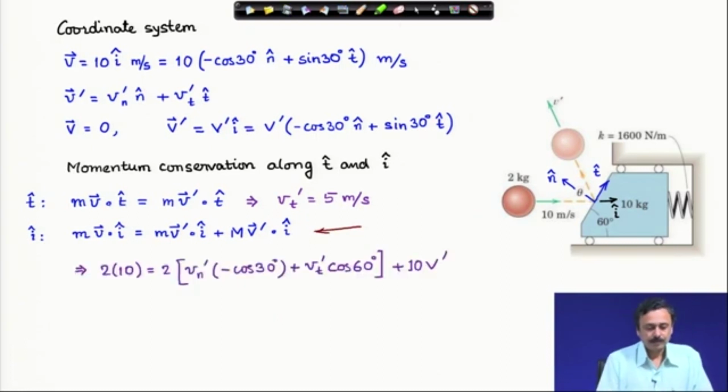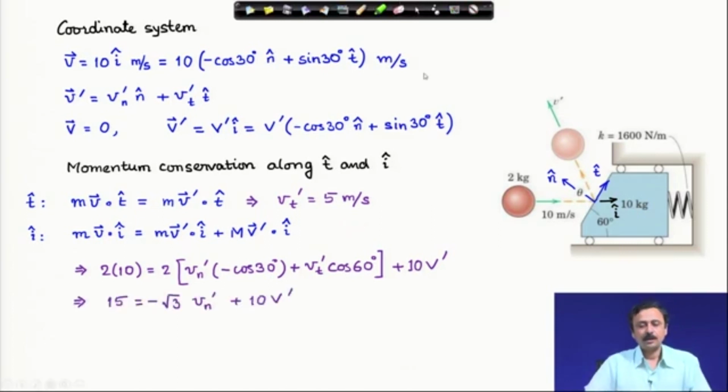And from here I will get this condition, which involves V n prime, V t prime and capital V prime, of which V t prime is already determined, 5 meter per second. Therefore, I have my first equation from the linear momentum conservation in I cap direction.